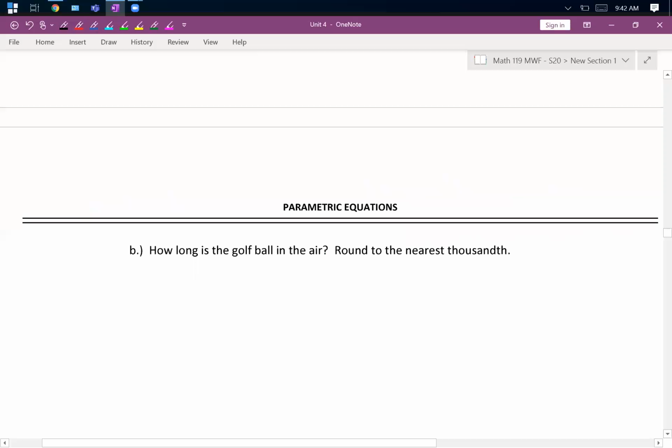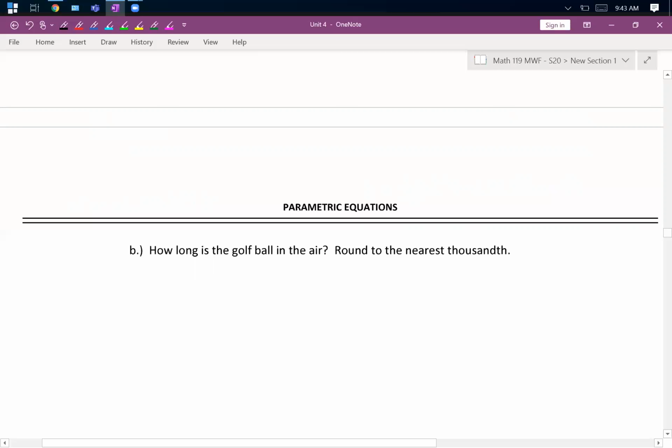The y. Tell me why you want to use the y. Weren't we finding more of how high it goes and like y? Like the height. Right. So x represents the linear distance traveled, like the horizontal distance, and y represents our vertical distance.